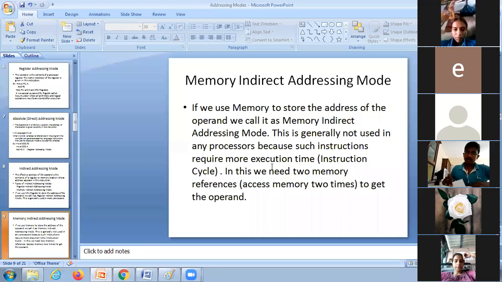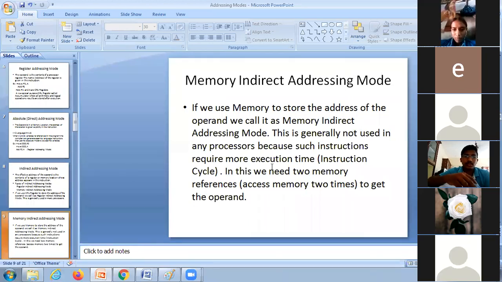So the instruction cycle time is more because, for accessing the data, it requires two memory references. Because of that, memory indirect addressing mode is not used by most processors. Very few processors may use it, only for a specific purpose.